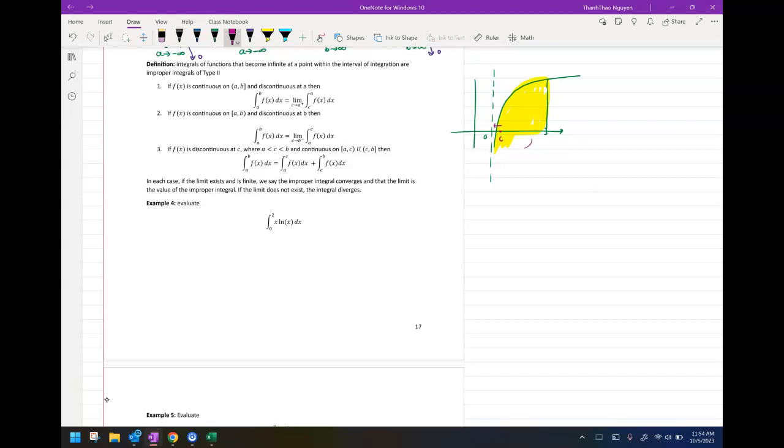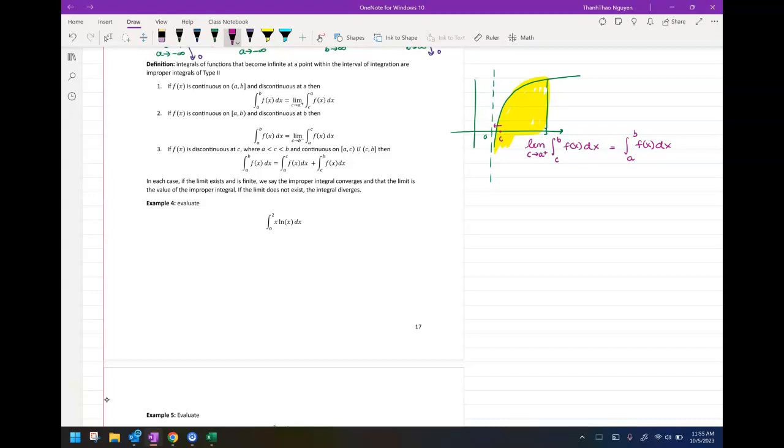So then here I'm looking at the limit as c approaches a from the right-hand side of the integral from c to b of f of x dx, and this is the same as the integral from a to b of f of x dx. Now a similar case for number 2.